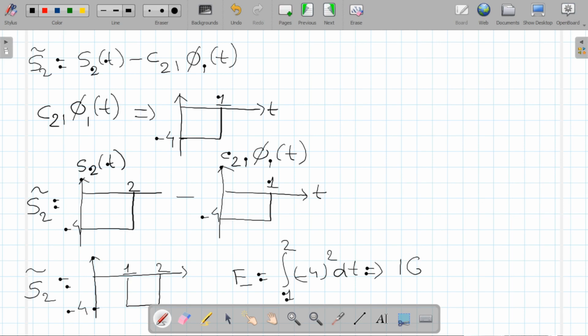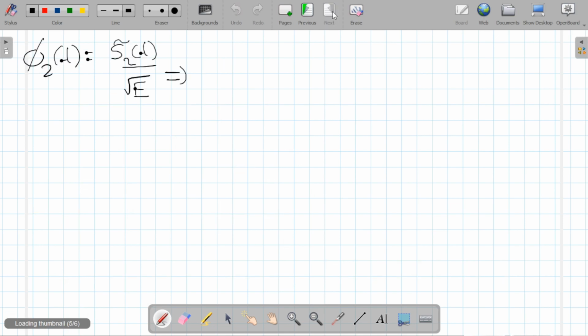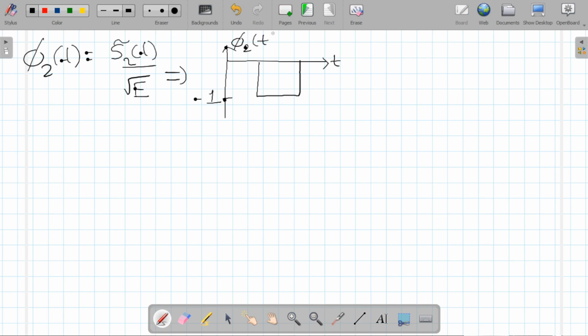So we get energy as 16, but root of energy equals 4. So we will get phi 2 of t as this, the value of minus 1, this is t, and hopefully we got the phi 2 of t. Finally we got phi 2 of t.